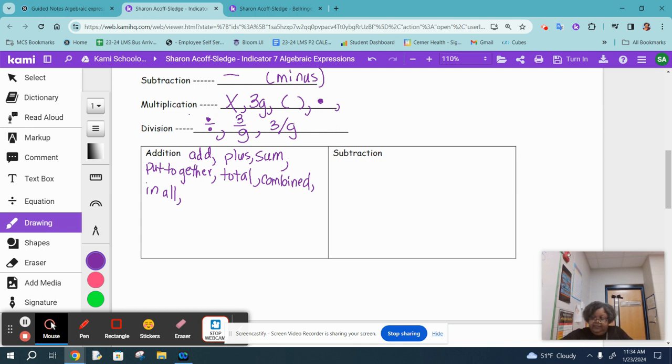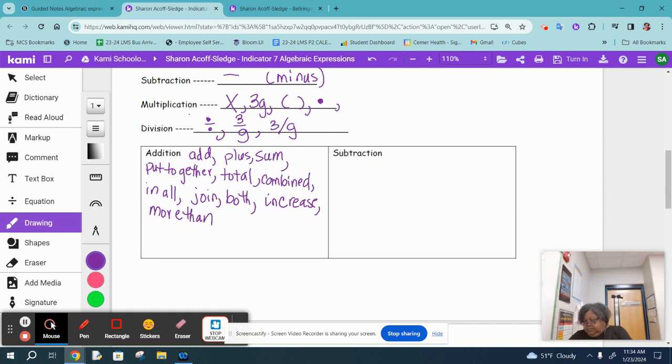Join. Both. Give me something else. What about increase? Increase. Give me some more off of there. We got in all. We got them all. More than.